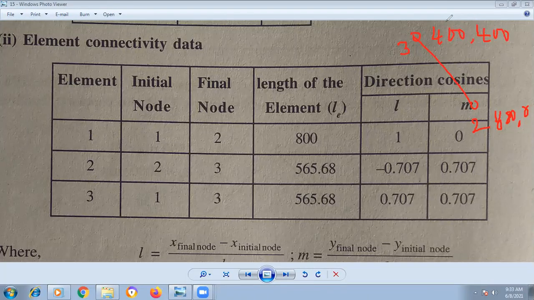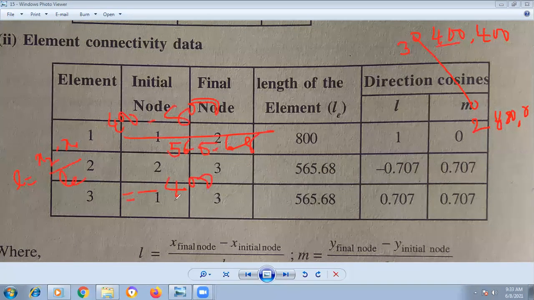Now, what is L equal to? x2 minus x1 by LE, that is x final minus x initial. x final is 400 minus 800 divided by 565.68. This is minus 400 divided by 565.68, which will be minus 0.707.